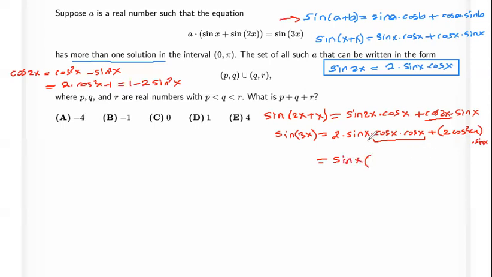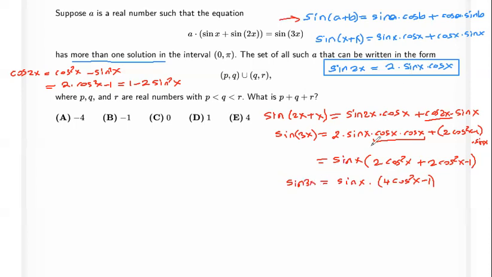So you will get 2 cosine squared x plus 2 cosine squared x minus 1. If I rewrite this in a better way, sine 3x is sine x times 4 cosine squared x minus 1.